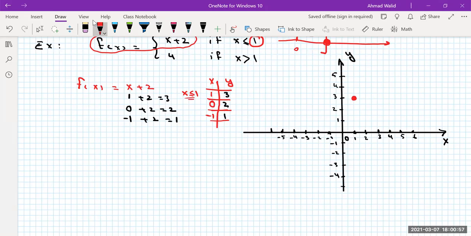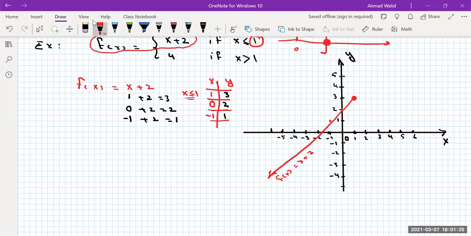Now, x 0, y 2 is this point. x negative 1, y 1 is this point. Then how to graph it? Your graph starts from here and goes all the way down like this. This is the graph of f of x equals x plus 2.